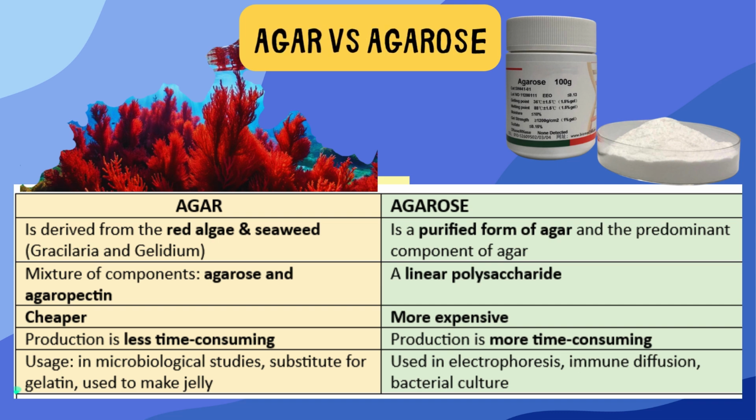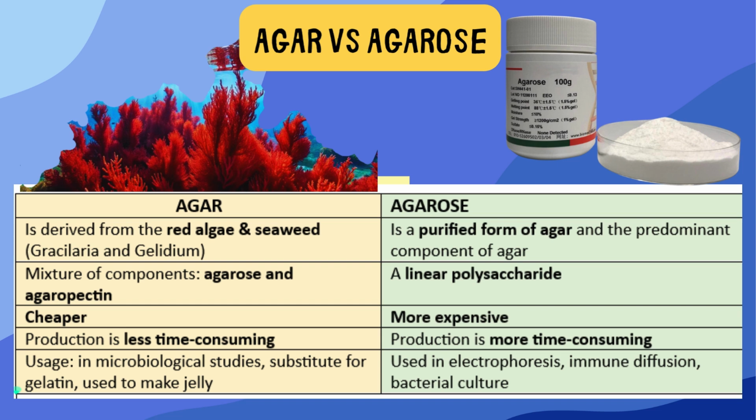So what's the difference between the two? Agar comes from red algae and seaweed, and the purified form of it is the agarose, the one you also use in your media prep in bacteriology.